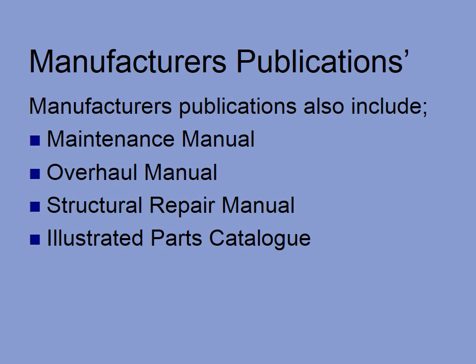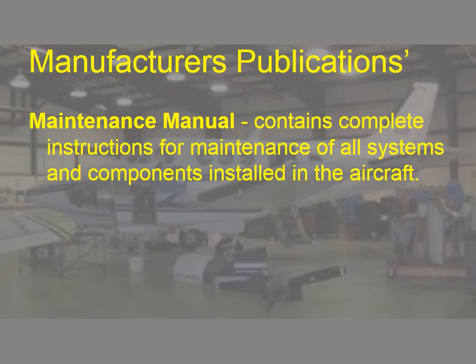Other commonly used manufacturer publications include Maintenance Manual, the Overhaul Manual, Structural Repair Manual, and the Illustrated Parts Catalog. Maintenance manuals for certificated aircraft and their components are approved by the FAA and may be used as approved data when making repairs.